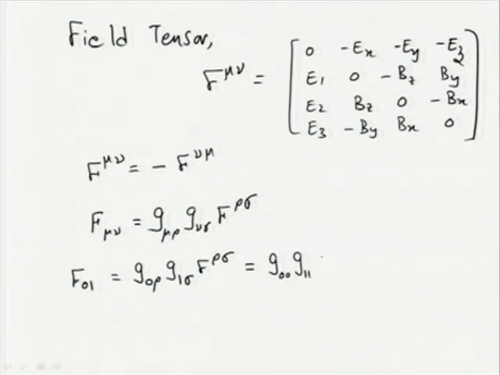So, F01 with lower indices is related to F01 with upper indices. G00 is plus 1, G11 is minus 1, therefore altogether there is a minus sign.